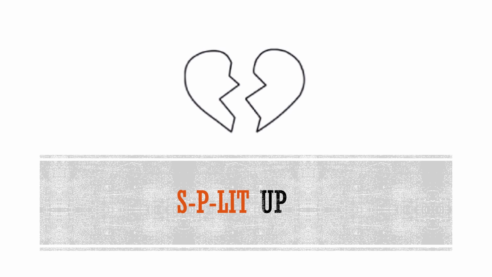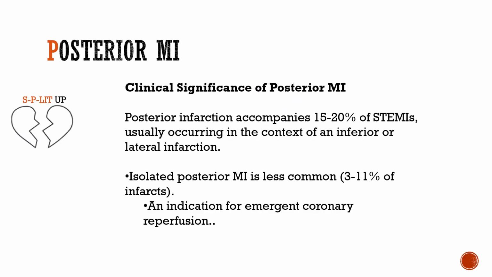These are the criteria for the modified Sgarbossa criteria. Moving back to our acronym within our mnemonic, split up. Now, the second P stands for posterior MI. Posterior infarcts accompany 15 to 20% of STEMIs, usually occurring in the context of an inferior or lateral infarction.